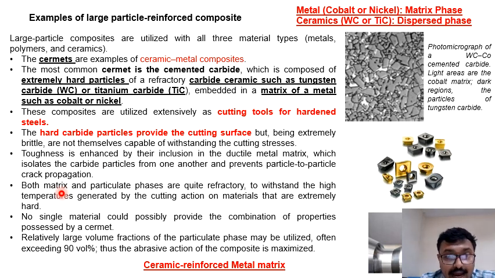Both matrix and particulate phases are quite refractory to withstand the high temperature generated by the cutting action of materials that are extremely hard. No single material could possibly provide the combination of properties possessed by a cermet. So a cermet is a very good composite.